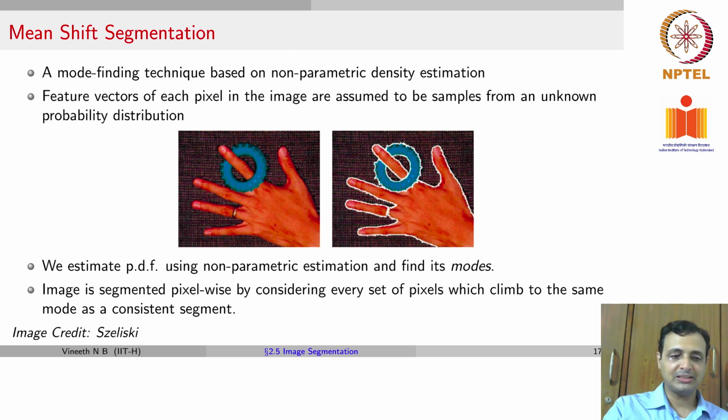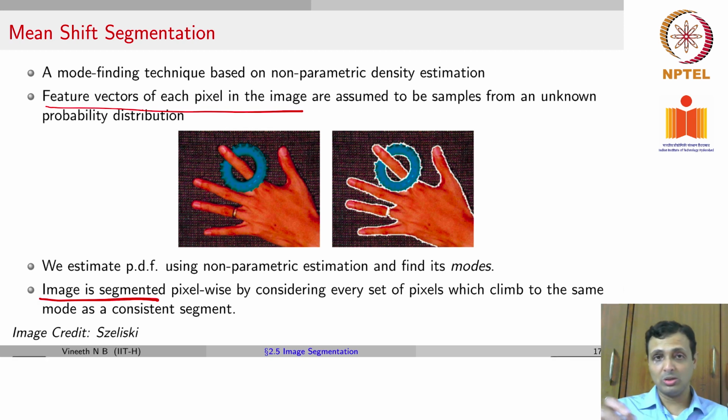So the feature vectors of each pixel in the image are assumed to be samples from some unknown probability distribution, and we are going to estimate the probability density function of the image and find its modes. Remember, in some sense, the modes would be like what we had for the watershed segmentation, although in that case we did a minima. Now we're going to talk about a maximum. And then the image is finally segmented.